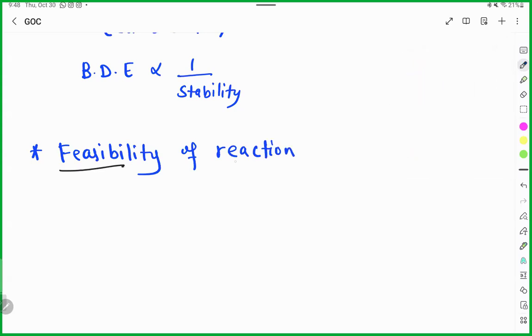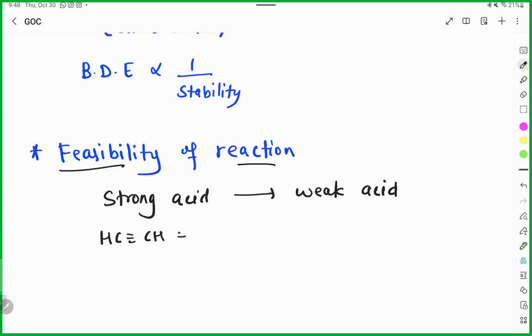Okay, so feasibility of reaction occurs only when a reaction goes from the strong acid to the weak acid. If a strong acid converts into the weak acid, then the reaction can happen. Example, if you have CH triple bond CH react with the strong base, it converts into CH triple bond C- Na+ and H2O.